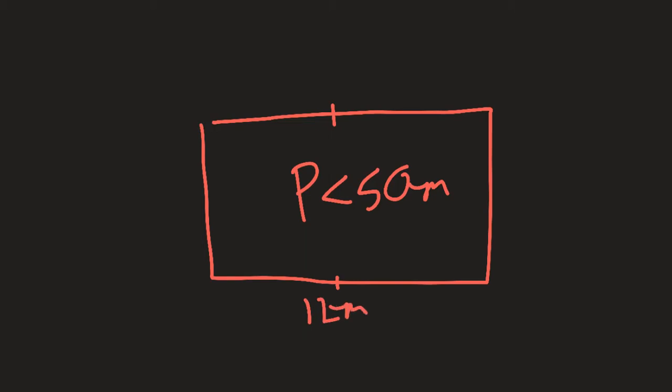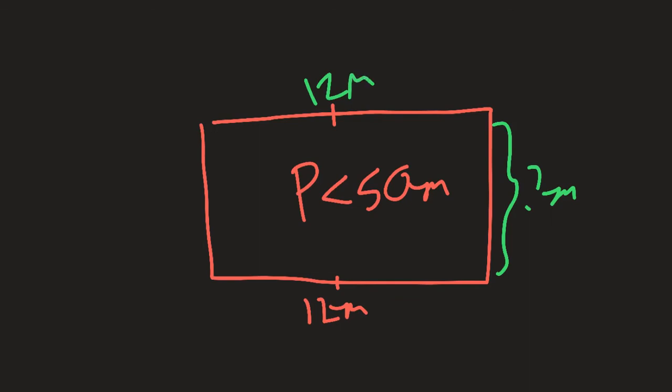What that now means is you can have this side here be any length that you want. It can be an unknown amount of meters, and we can use greater than less than symbols to represent it. So we know that this side would also be 12 meters as well.